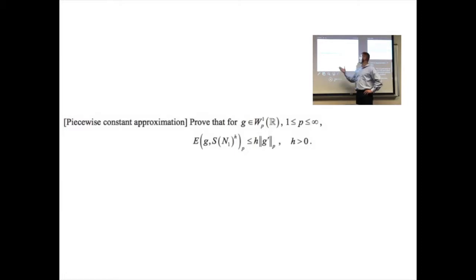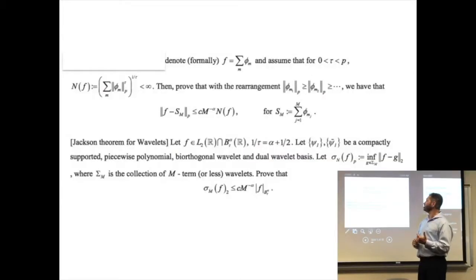So the function needs to be continuous and have a bounded first derivative. And what is h? h is 1 over the number of pieces, the steps into which you subdivide this function.